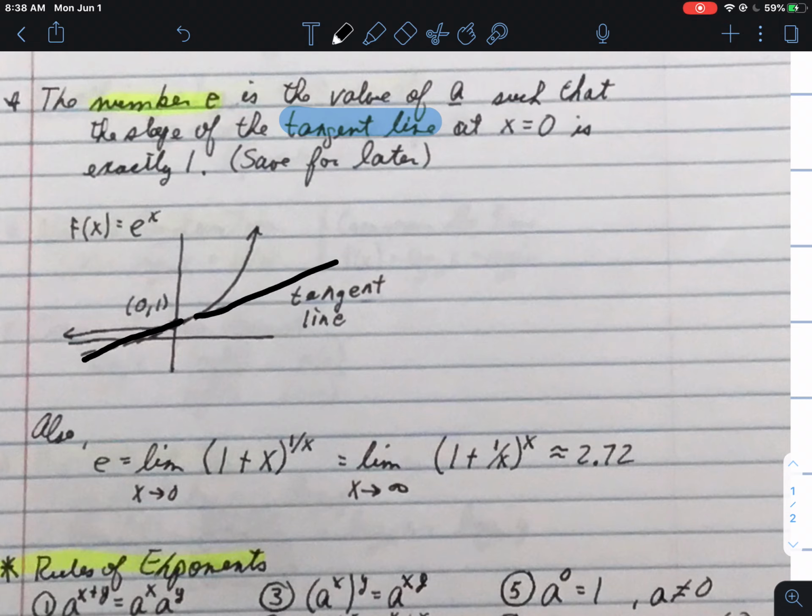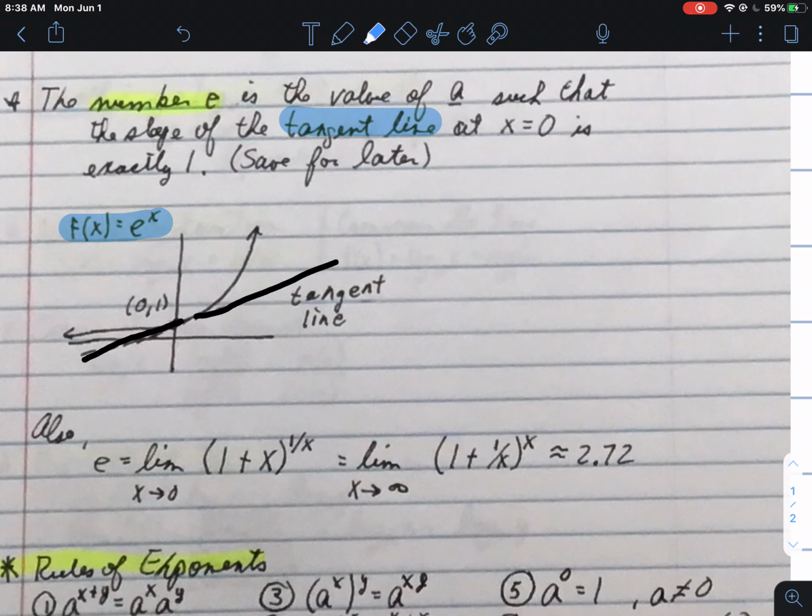Again, we're going to talk about that extensively because that's one of our main topics at the beginning of calculus. But it turns out that if you look at the exponential function f of x equals e to the x, our natural exponential function, the slope of the tangent line at the point (0, 1), at that y-intercept, is exactly 1. Now, it's like, okay, well, what's the big deal there? Well, yeah, great, it's 1.